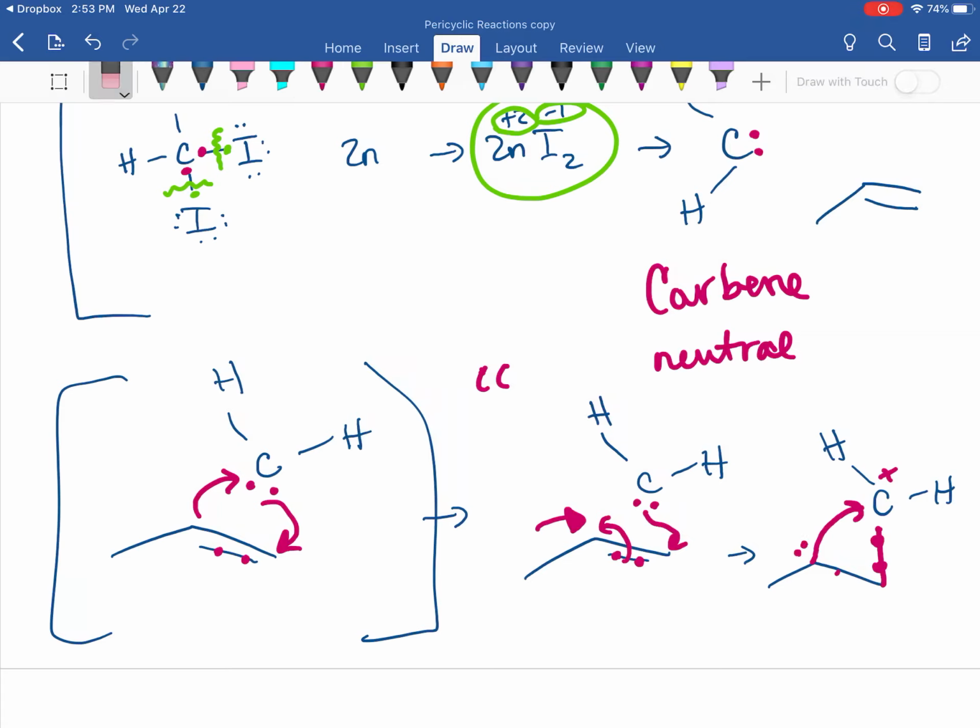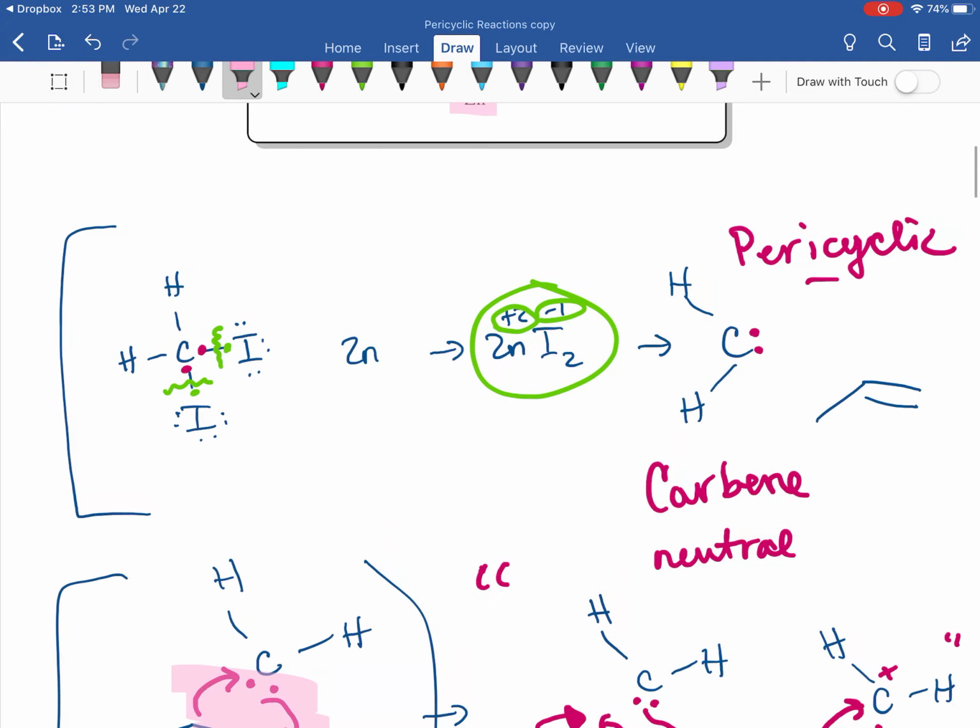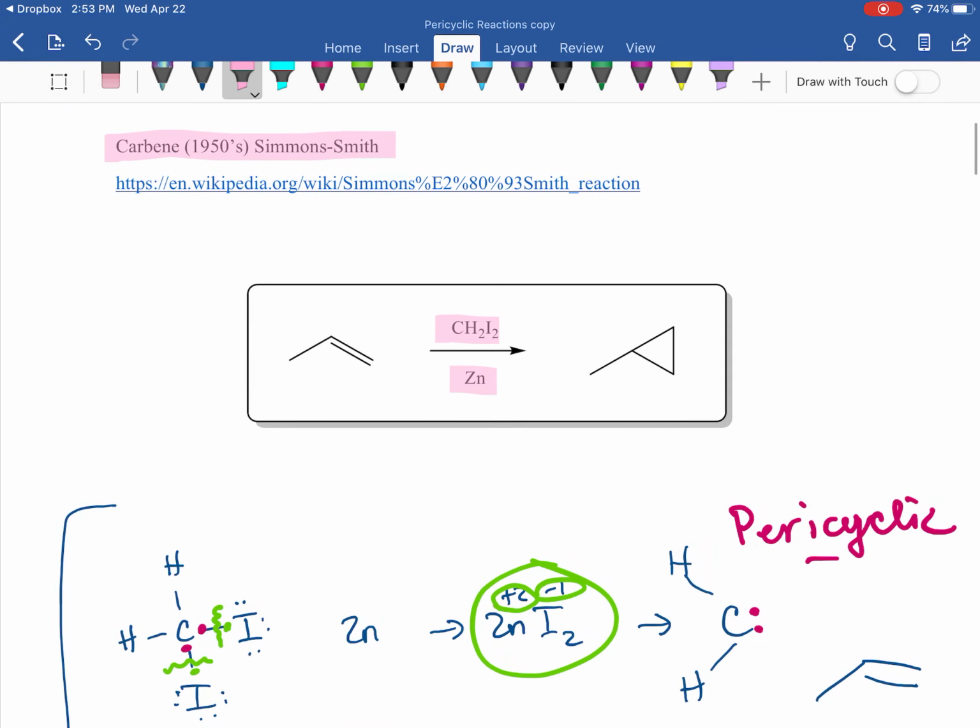So that's exactly where these electrons go. These electrons now fill in that space. So if they were hanging out right there, now they fill in this space. Of course, this happens so fast that you don't draw that stepwise. You draw that as this whole pericyclic mechanism like this.